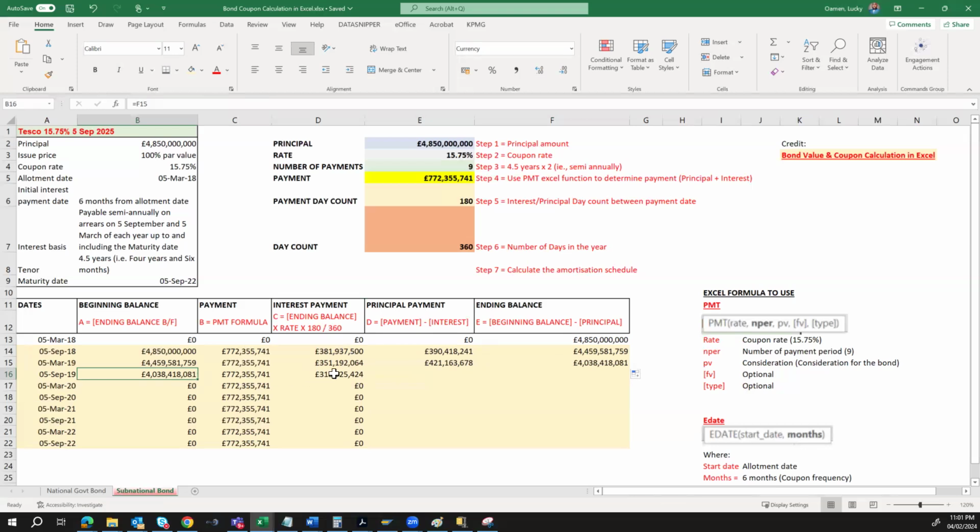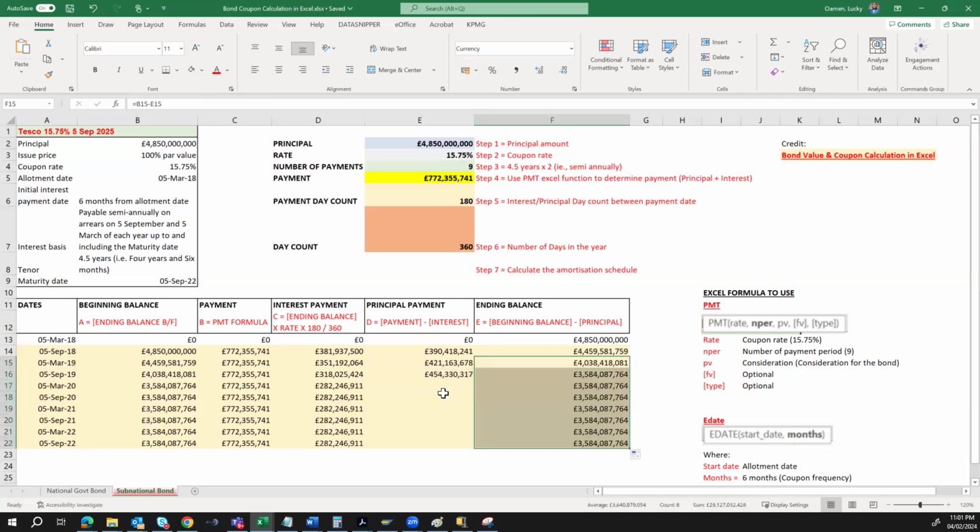Then of course we calculated our principal balance, and then our principal amount will be 452, and I can drag this down, and I can drag my principal repayment down. All right.